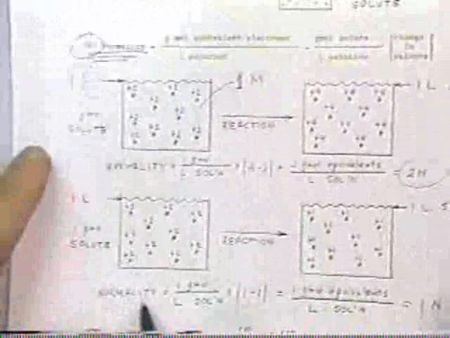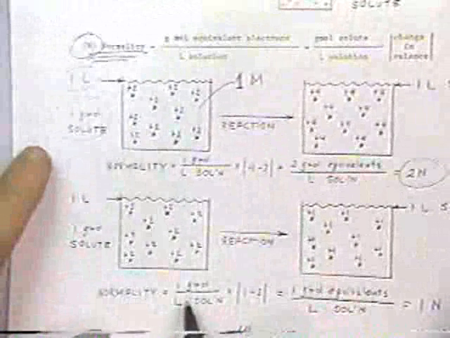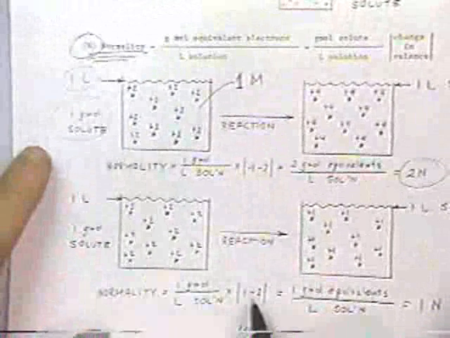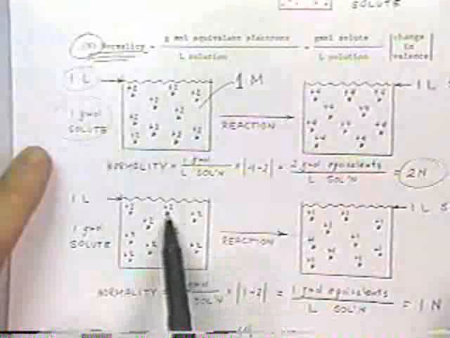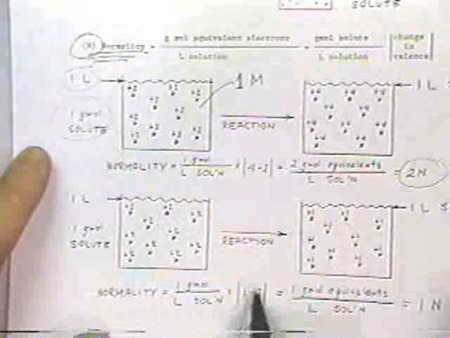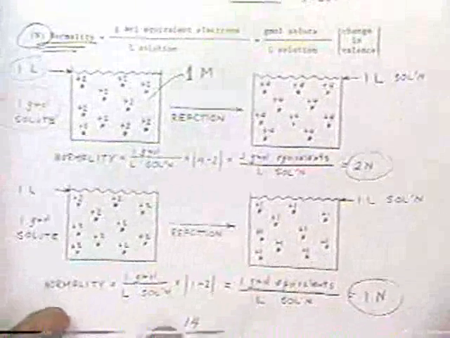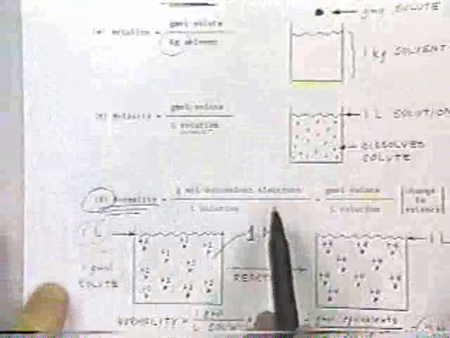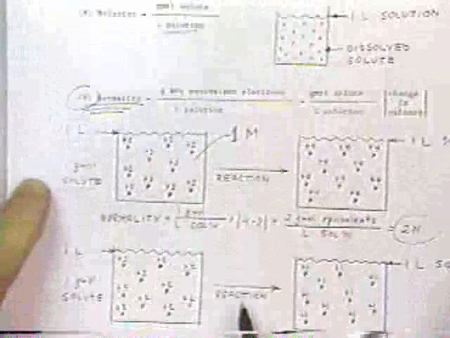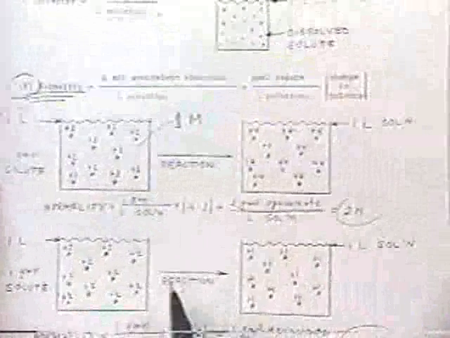Using Holtzapfel's definition of normality, it's 1 gram mole per liter of solution times the change in valence. This time it's from 2 to 1, absolute value, and so we would have a 1 normal solution. So what's implied in this definition is you must have a reaction of some sort, and the reaction must cause a change in the charge of the ionic species.